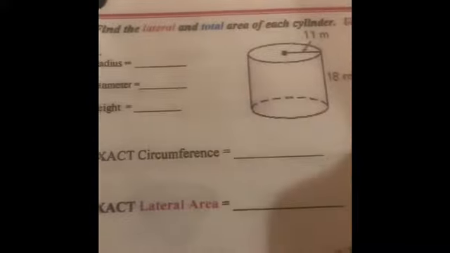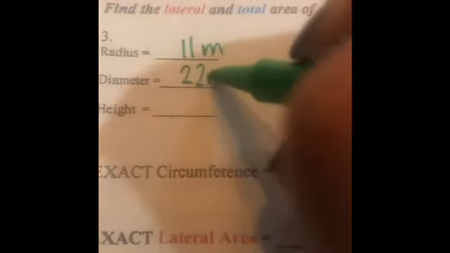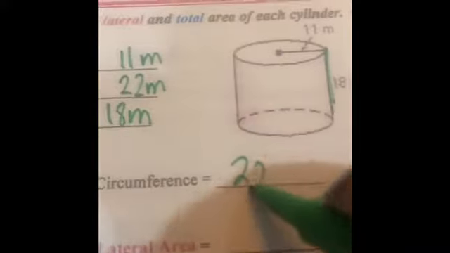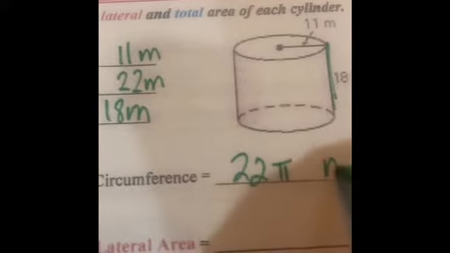So here on the exact example, do you agree that the radius is 11 meters, making the diameter 22 meters, and the height connects the 2 circles, so 18 meters. So kind of big numbers here, actually. Exact circumference is pi times diameter, or 22 pi meters.